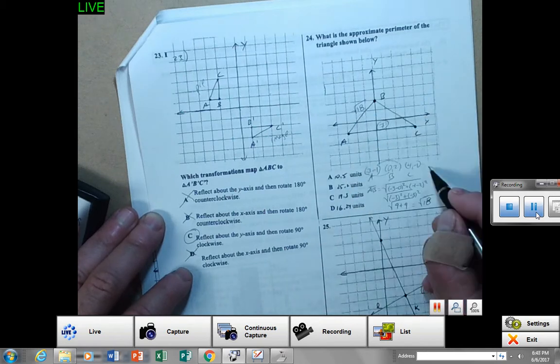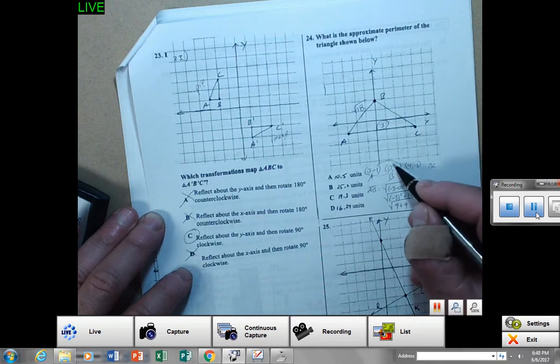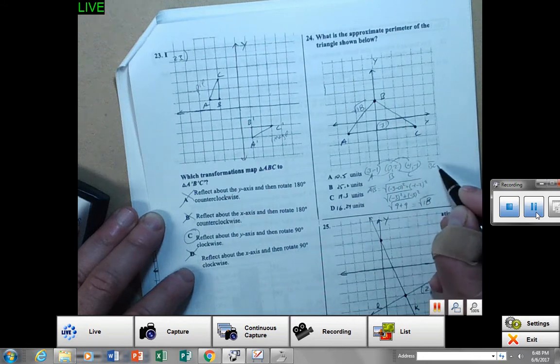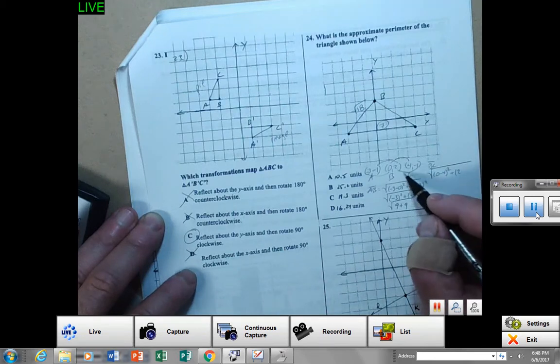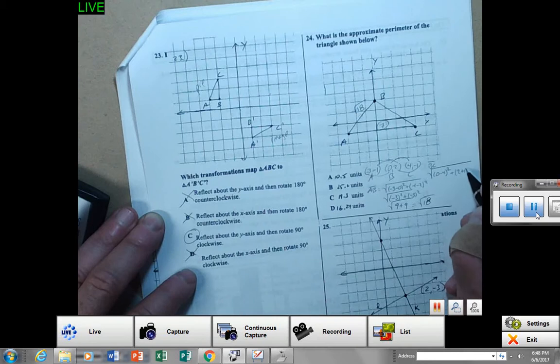BC, I'm going to subtract my x's, subtract my y's. The length of BC is 0 minus 4 squared plus 2 subtracting a -1. 2 minus -1 turns into 2 plus 1 squared. Gives me -4 squared plus 3 squared. 16 plus 9, the root of 25, which is the whole number 5.